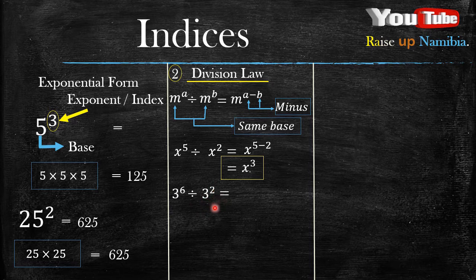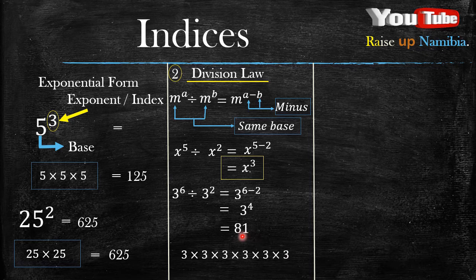What you need to keep in mind is what the law of division states: if the bases are the same, you minus the exponents, 6 minus 2. 6 minus 2 will give you 3 raised to the power 4. You cannot leave it as 3 raised to the power 4; when you simplify it, you get 81 as your final answer.